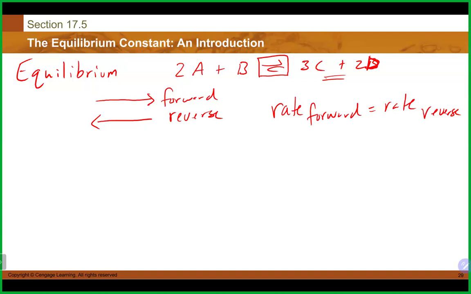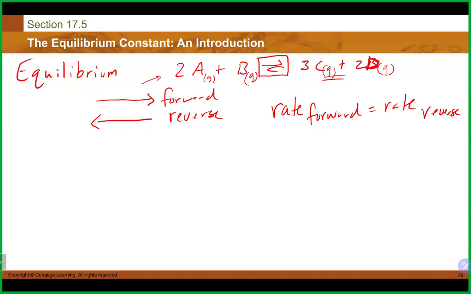What that will do, as we talked about, is essentially lock everybody into place in this reaction in terms of their concentrations, or if you're looking at pressures, also their pressures as well. So they basically will be able to maintain where they're at once it reaches equilibrium.